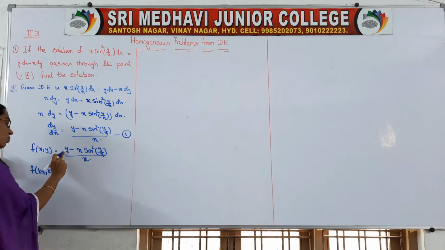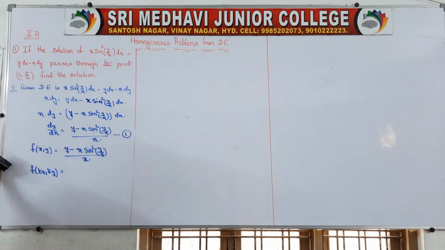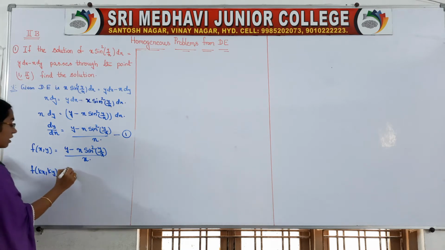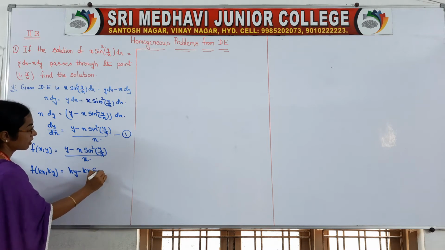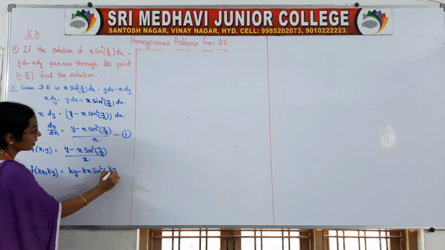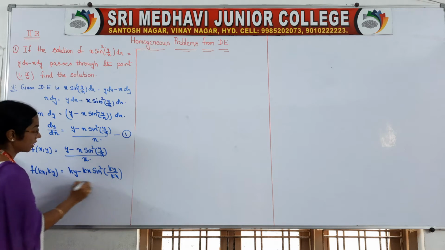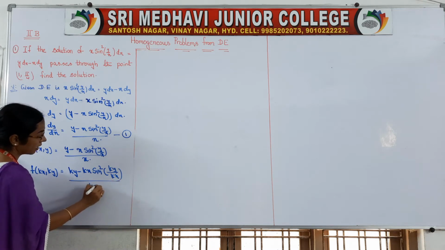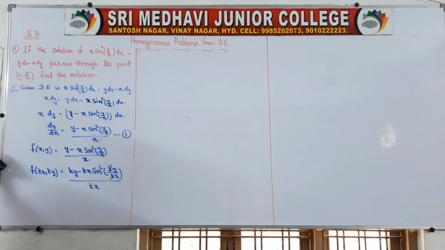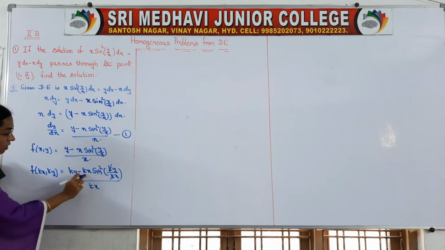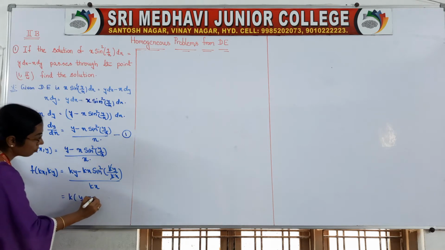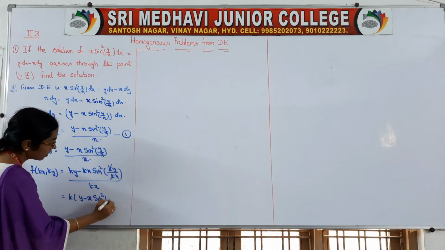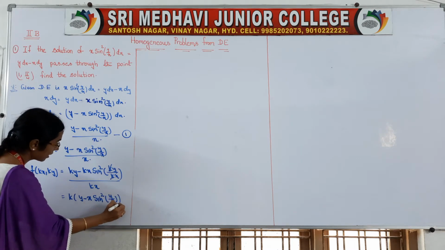Wherever x is there, take kx, and wherever y is there, take ky. So it is ky minus kx sine square ky by kx, divided by kx. Here the k's cancel inside the sine, and we can take a k outside.